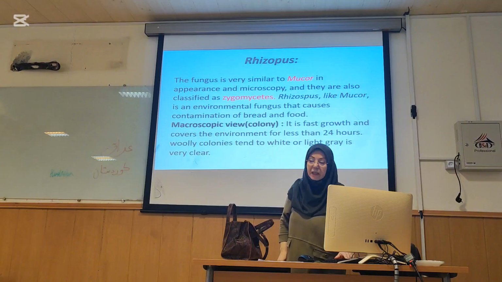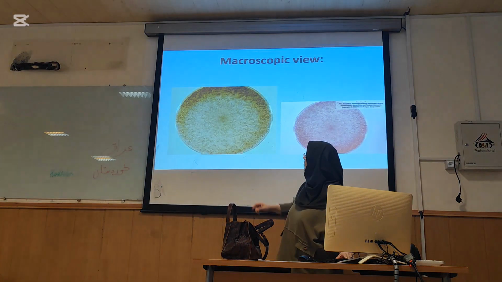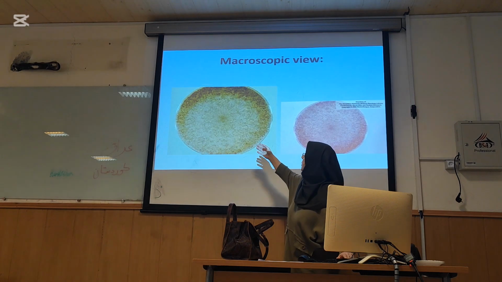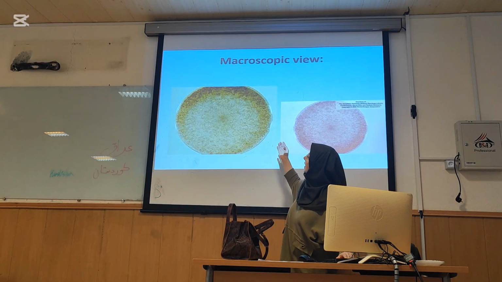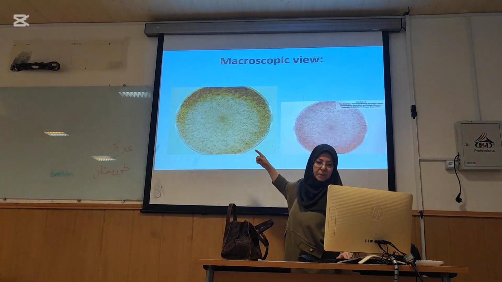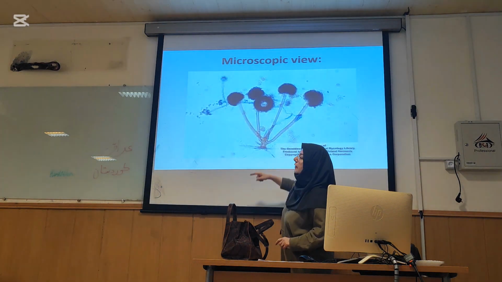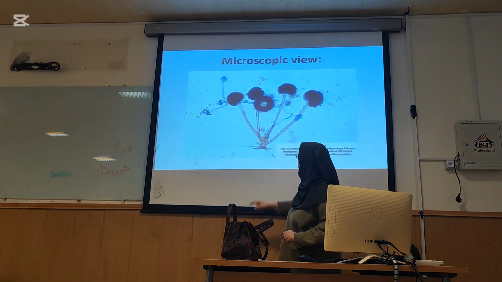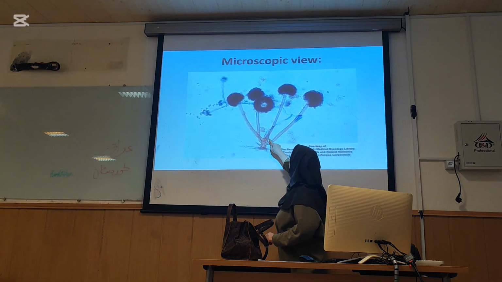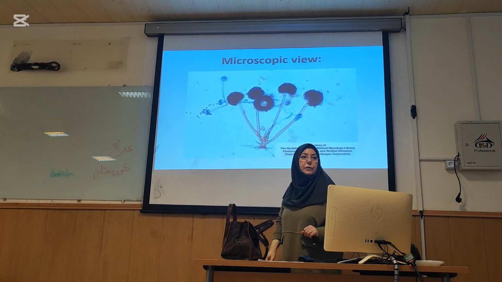But in rhizopus, with this microscopic view, woolly texture, and gray tending to yellow color, you can see some rhizoids at the base of a sporangiophore.